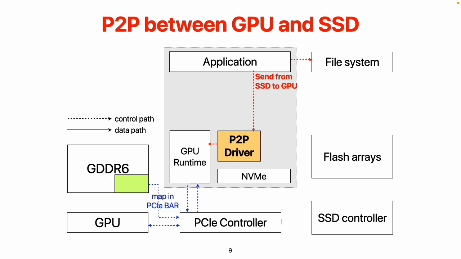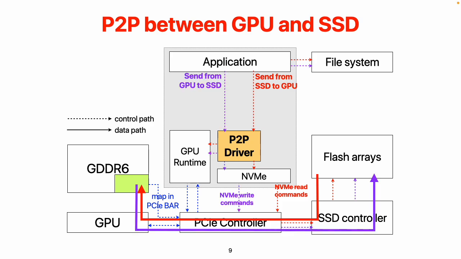After that, you register that new address in the PCIe root complex, and report it to your P2P driver so you can let the NVMe driver know: here's my new destination address. Then you send this through the PCIe controller to the SSD controller, and you can directly send data to the GPU, and the other way around.